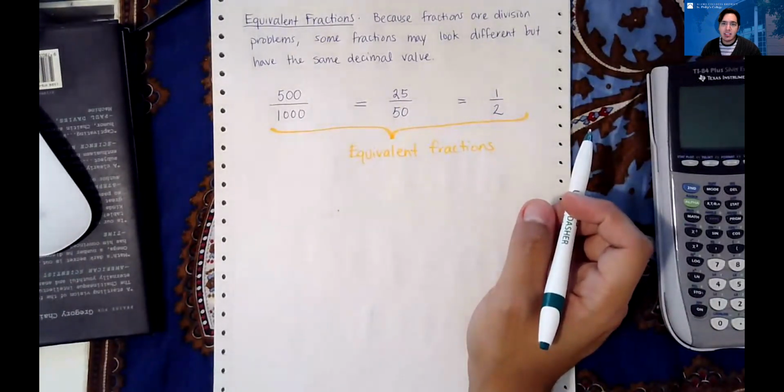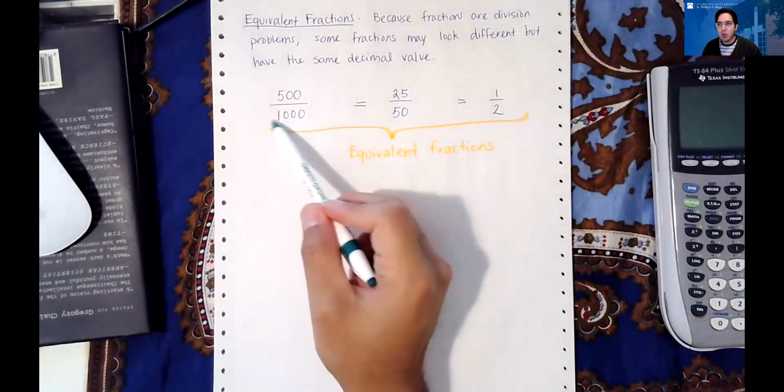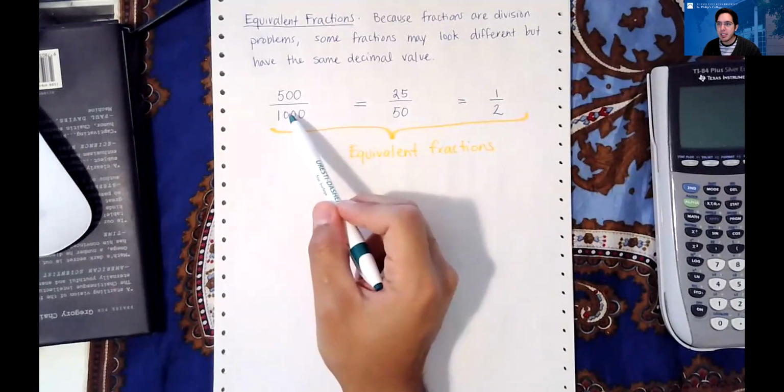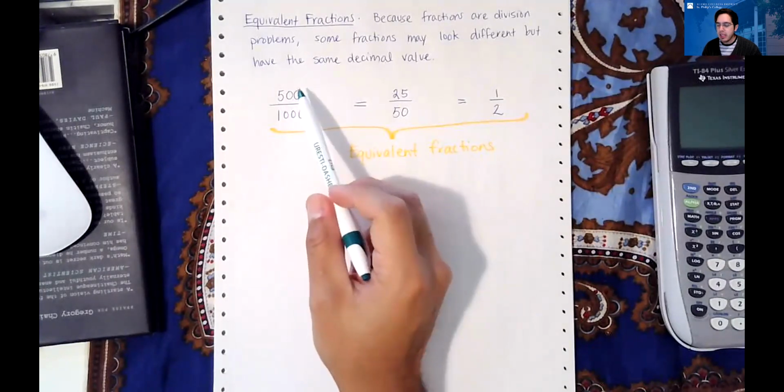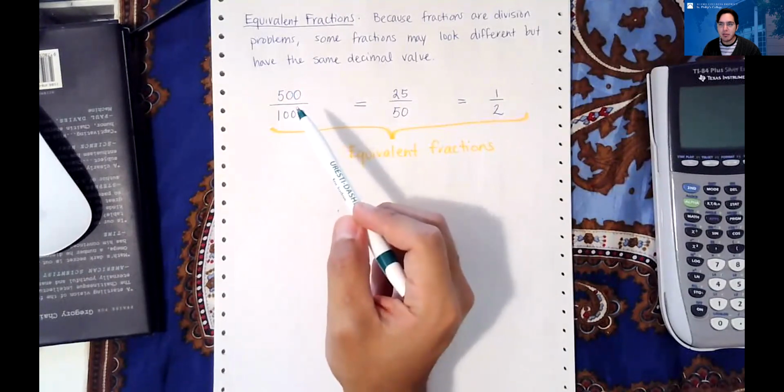I think the first way is just sort of eyeballing it. Remember, the denominator is the whole number of parts that something has been divided up into. And the number on top, the numerator, tells you how many smaller pieces you have.